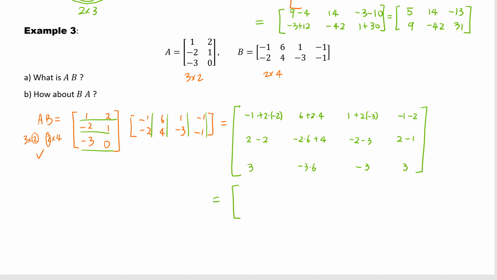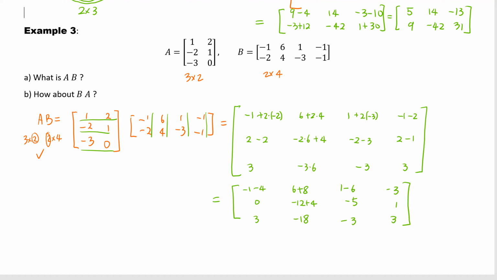Okay, what do we have? Minus 1, and then this is minus 4. 6 plus 8. 1 minus 6. Negative 1 minus 2 is negative 3. 2 minus 2 is 0. Negative 12 plus 4, negative 5, 1, 3, minus 18, minus 3, 3.